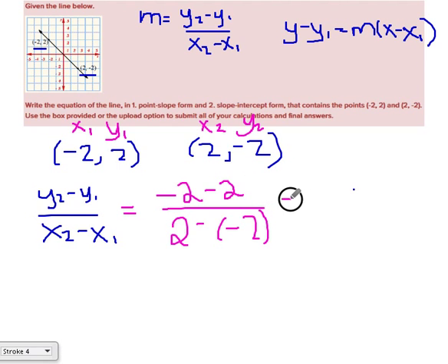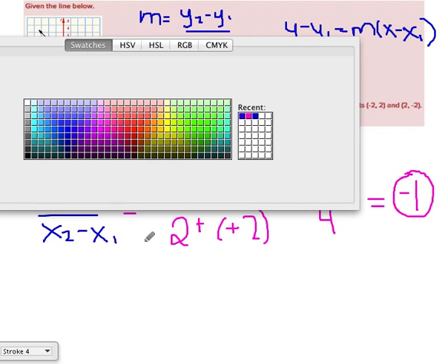So now I have to simplify. -2 minus 2 is -4, and 2 minus -2 is 2 plus 2, because when you subtract a negative, it turns into a positive, which is +4. So -4 over +4 is -1. And my slope is a negative, which I knew that it had to be, so it's good that it worked out to being a negative. That means I didn't make any mistakes.